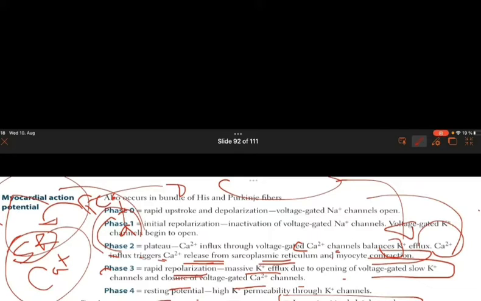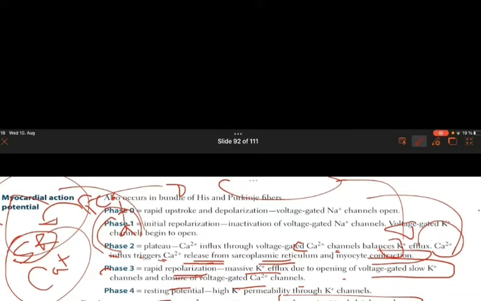The funny channels are responsible for a slow mixed sodium-potassium inward current. Now we will talk about the sodium in the SA node and AV node, and how they do their action potential.